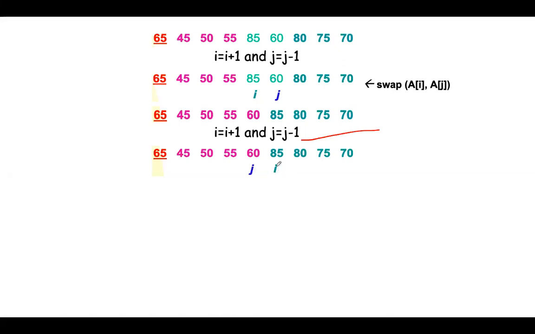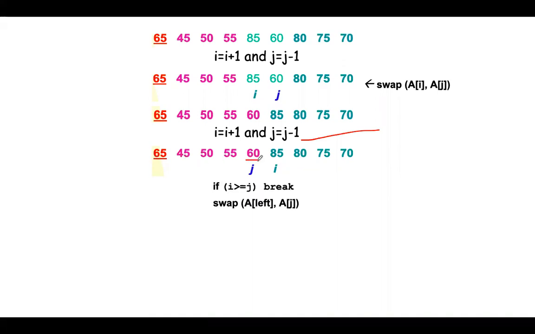At this part, we'll stop the increment process. And once we arrive at this part, what we will do is swap a of j element with the pivot element.